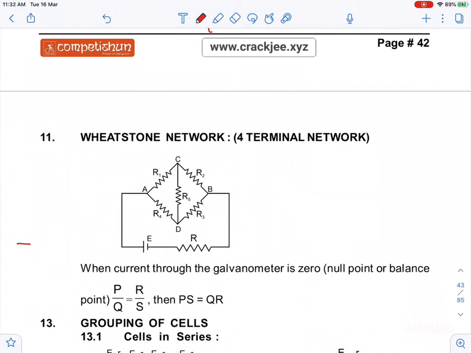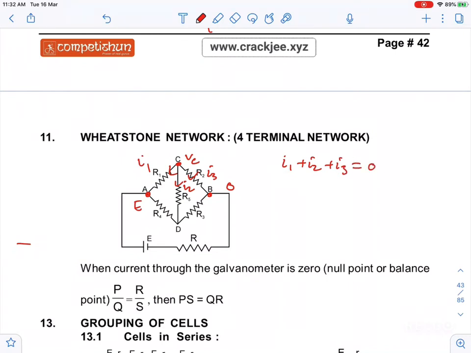Now in order to solve these things, I will tell you the simple method: apply nodal analysis here. What is nodal analysis? Suppose I have chosen node C. I write the node voltage VC, and this voltage I have written E, and this voltage 0. I take all currents outgoing, let them be I1, I2, I3.